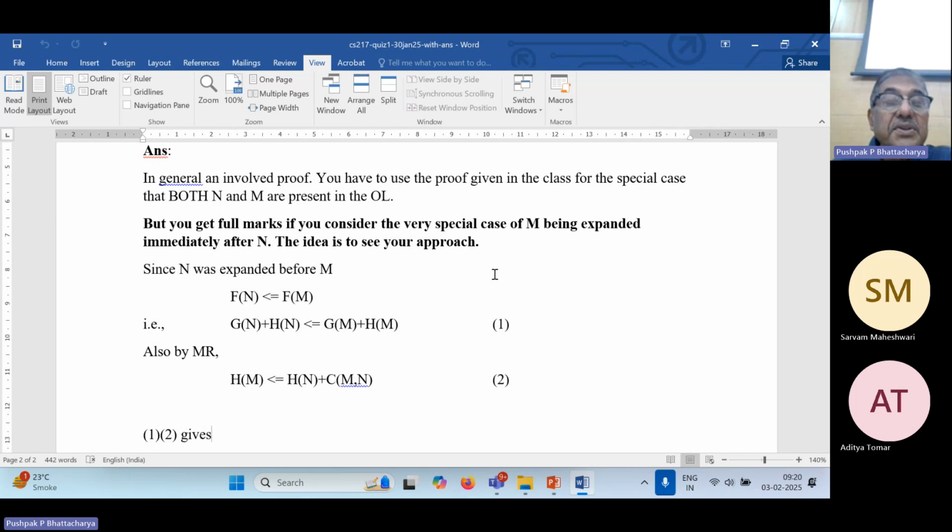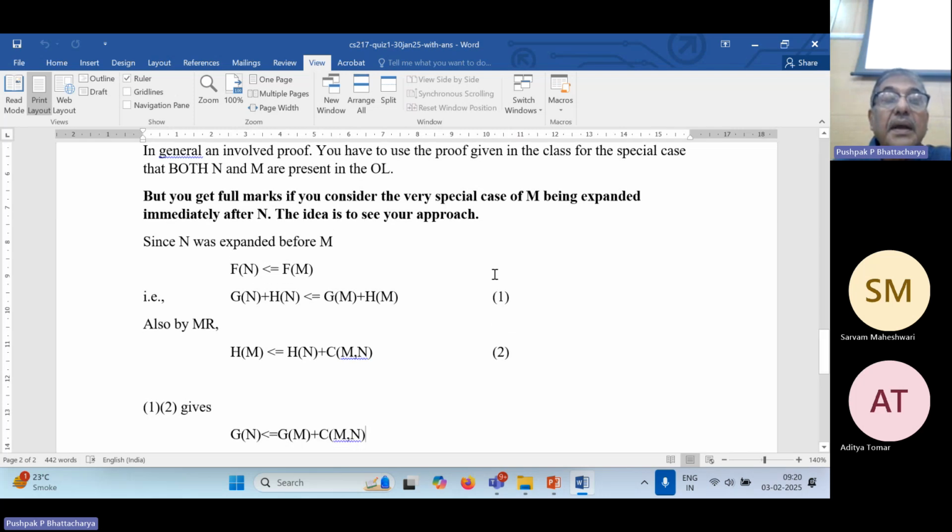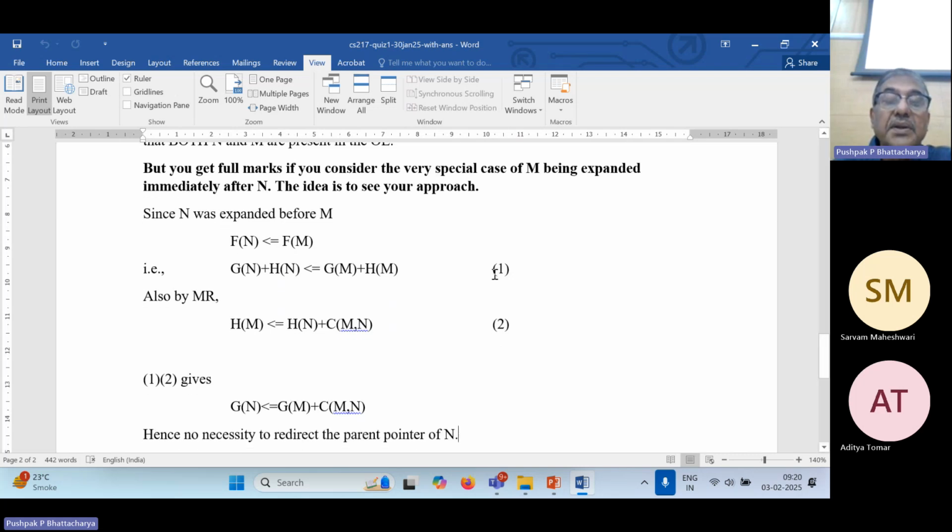Now, if you add these two inequalities, Gn comes out to be less than or equal to Gm plus C(m,n). And hence it is not necessary to redirect the parent pointer of N. There is a big caveat here.